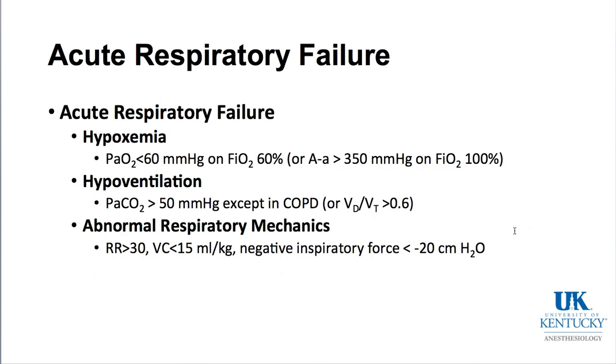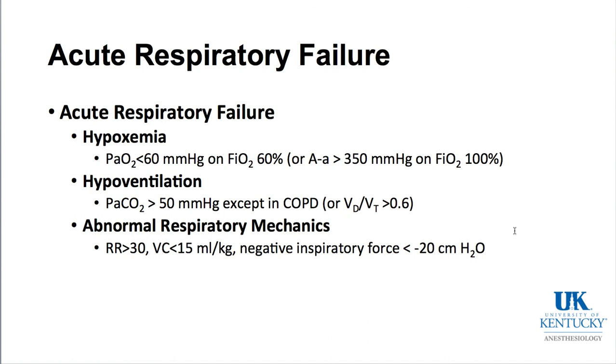Acute respiratory failure, by definition, can be a problem with oxygenation, a problem with ventilation, and a problem with respiratory mechanics. Usually, if the PaO2 is less than 60 millimeters of mercury breathing an FiO2 of 60%, or you have a large AA gradient, alveolar-arterial gradient, greater than 350 breathing 100% oxygen, we say that's hypoxic respiratory failure.